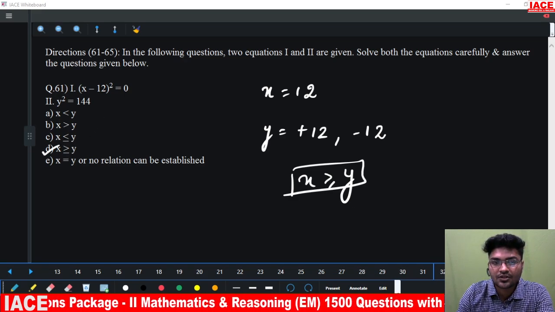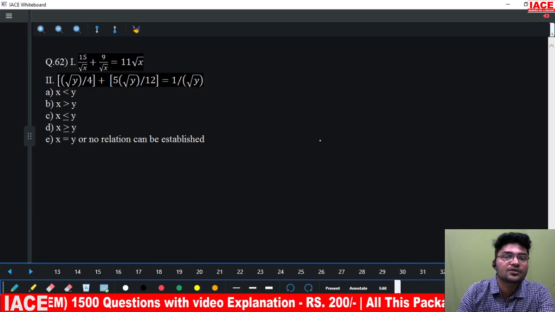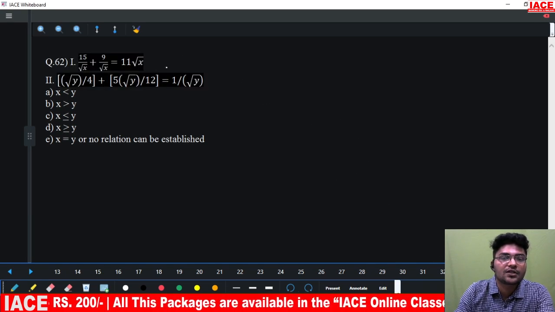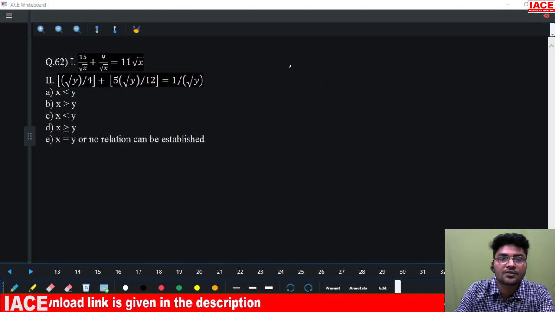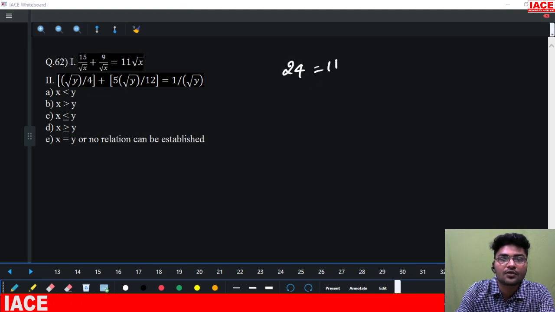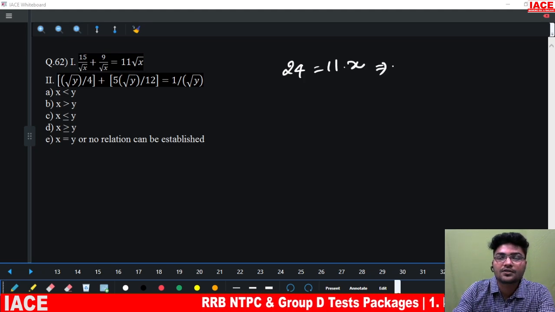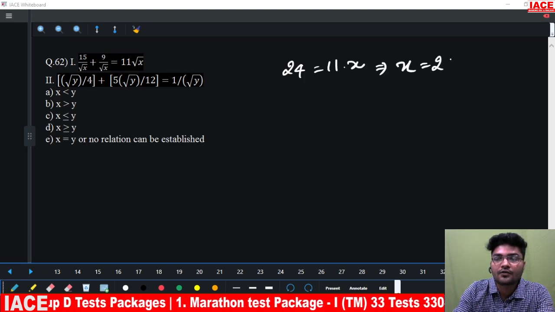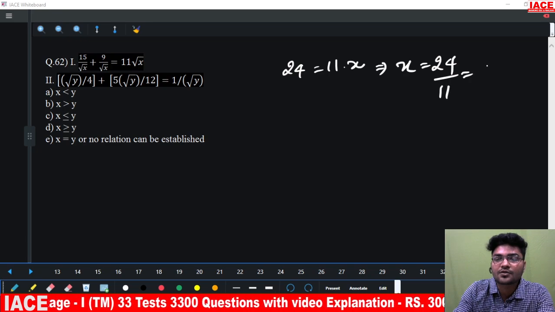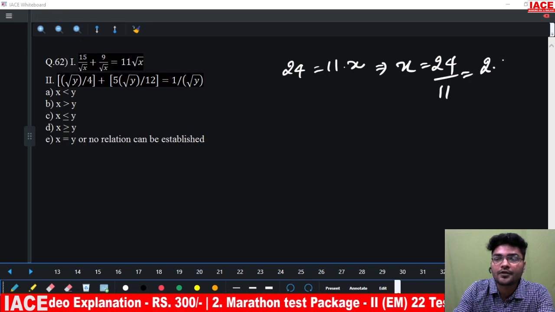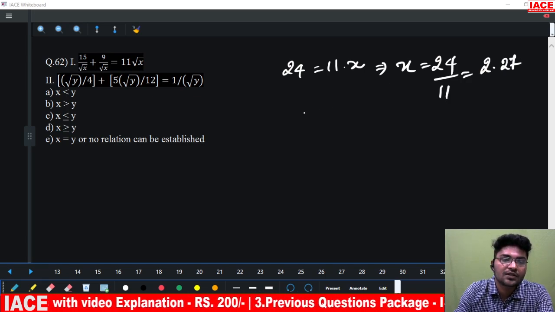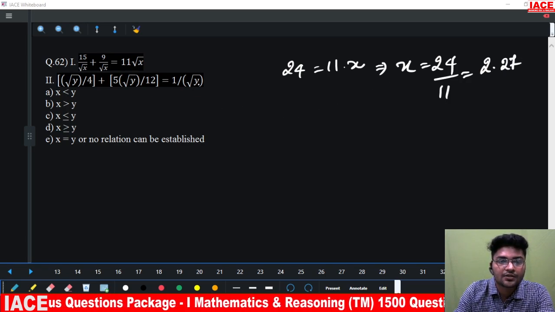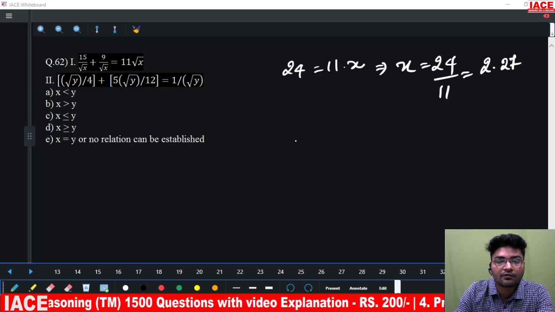Next question. Question number 62. What do we have? First equation. If I take this root x to the other side and multiply, what will I get? 15 plus 9. 24 is equals to 11 into x. That means x is equals to 24 by 11, which comes out to be approximately 2.27. Now same for y. If I take this root y and multiply to the other side, what will I get?